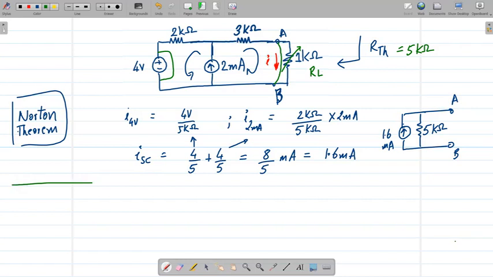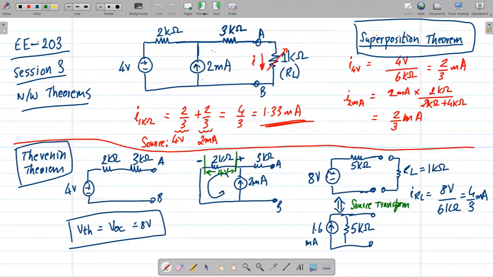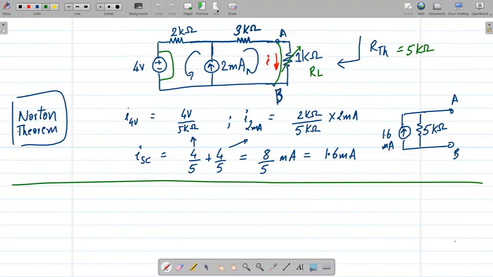So the question that's being raised, it's easier with the Thevenin circuit, I have 8 volts, 5 kilo ohms, a variable load.